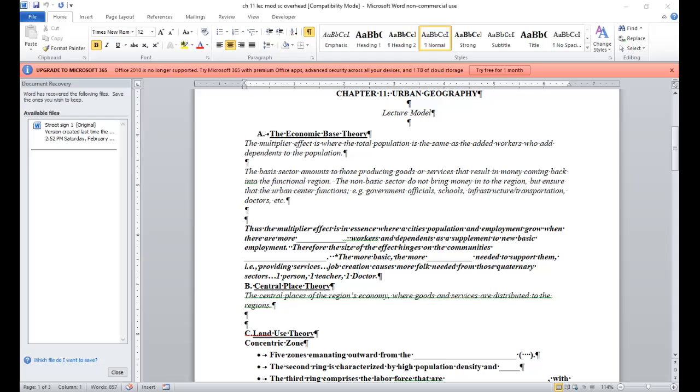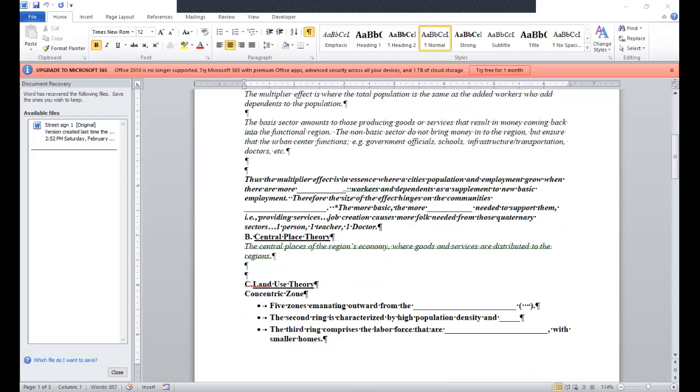So the size of the served area is determined by the threshold requirements of the proffered central place functions. When we talk about the threshold, what I mean is you need to have some kind of minimum market, right? Some kind of minimum population and income level needed to bring about the setting of a particular good or service.